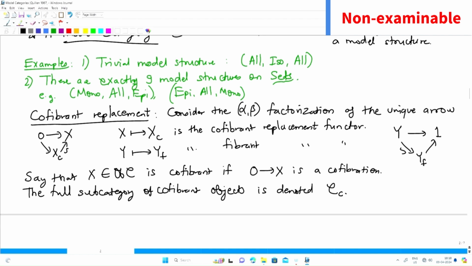Then fibrant objects, Cf. And objects that are both cofibrant and fibrant are denoted by Ccf. Any questions so far?